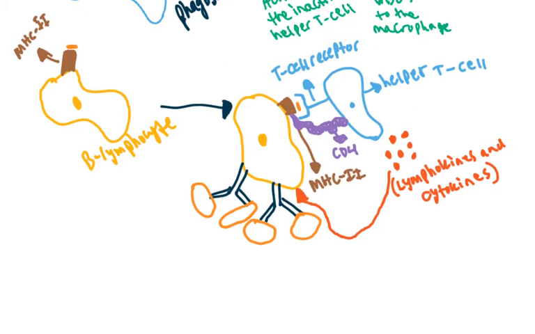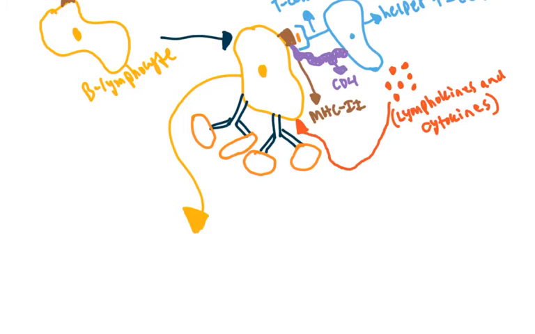It can then trigger the B lymphocyte to start proliferating into the two main types of really important B lymphocytes: our effector B cells and our memory B cells.